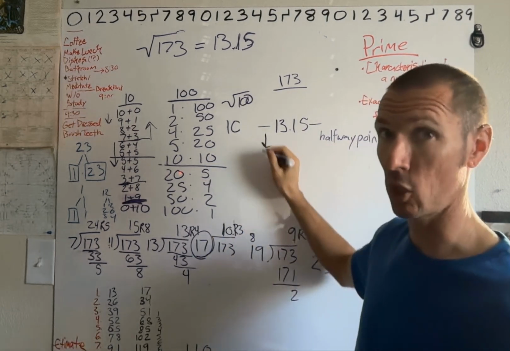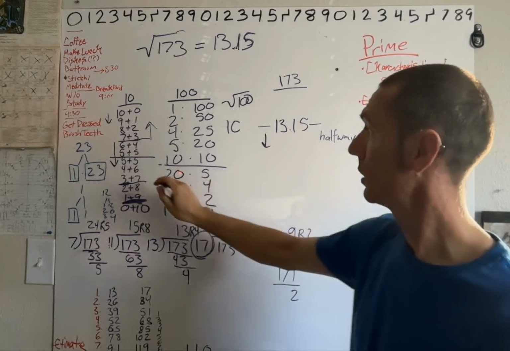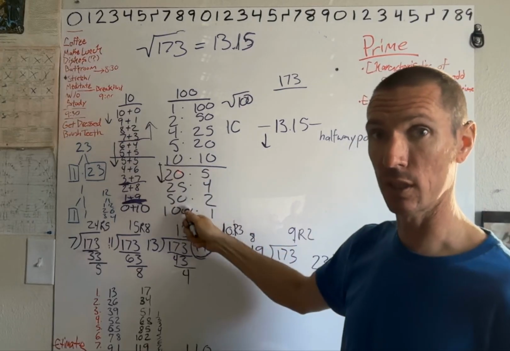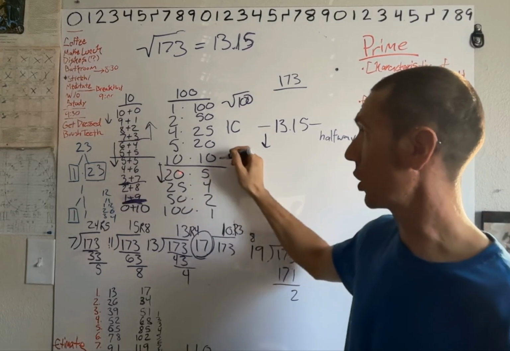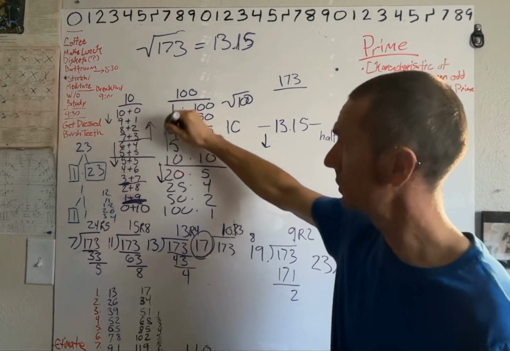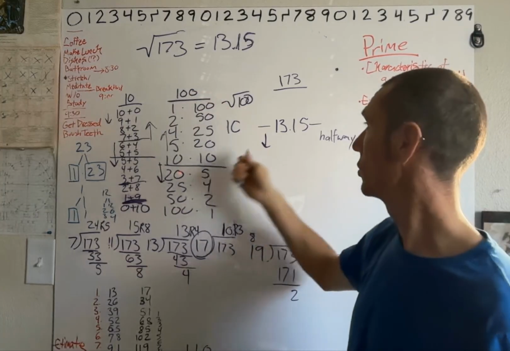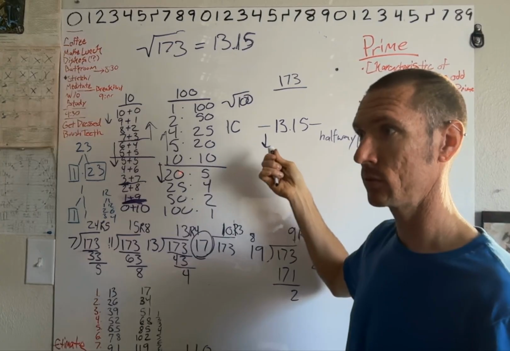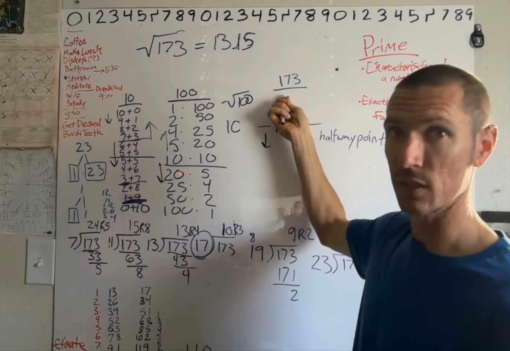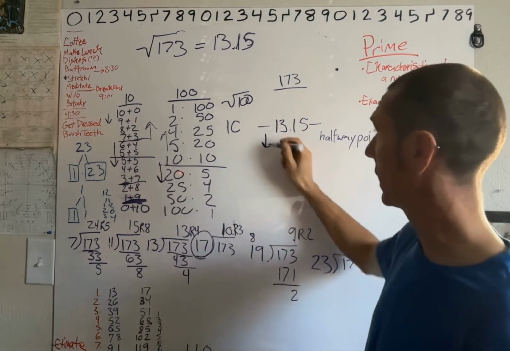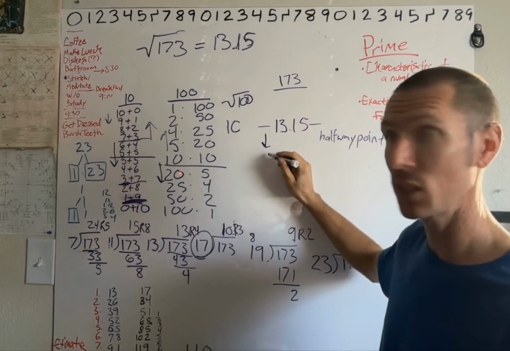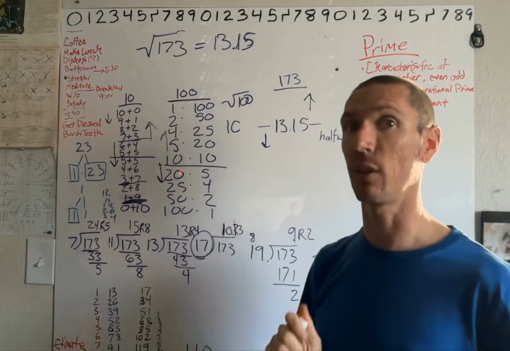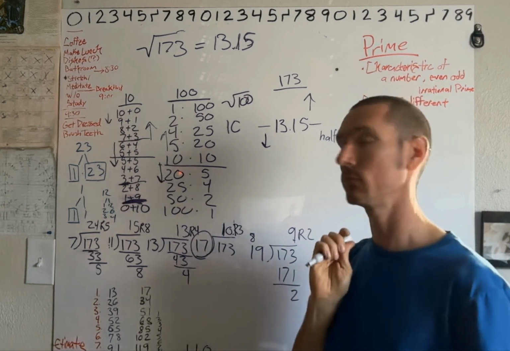And once you've gone beyond the halfway point, anything larger than 13.15 will have already been satisfied by everything smaller than 13.15.